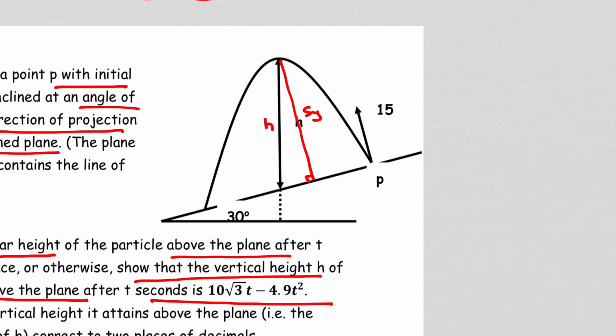I've just drawn a right angle triangle, and if this angle here is 30 degrees and this is 90, then these two angles here must be vertically opposite. And if this is also 90, then this angle within this triangle is 30 degrees.